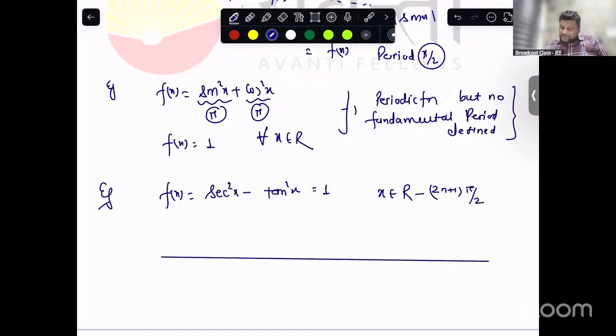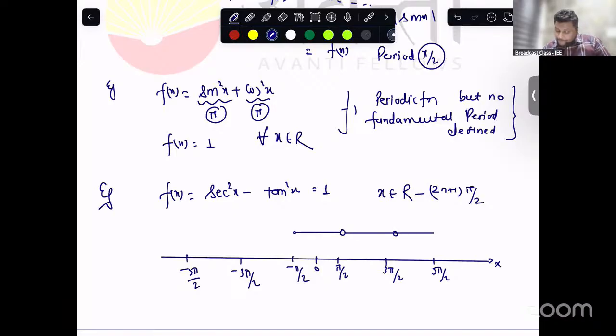So if I see its graph, it is going to be like this: 0, pi by 2, 3 pi by 2, 5 pi by 2, minus pi by 2, minus 3 pi by 2, minus 5 pi by 2. So the graph is going to be like this. Now here if you realize, we are getting a frame.